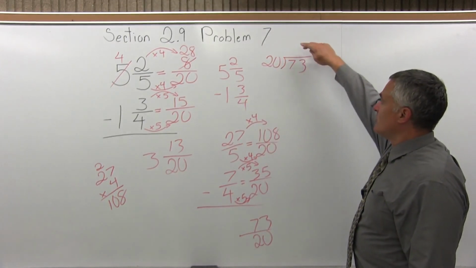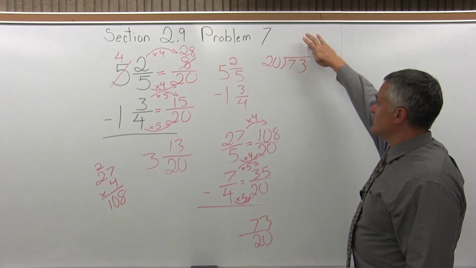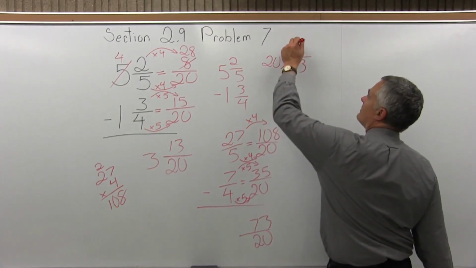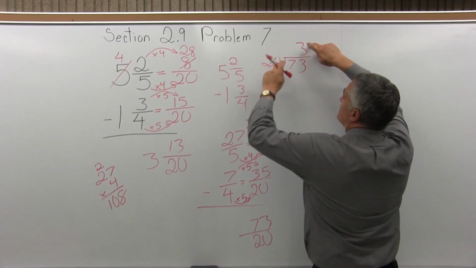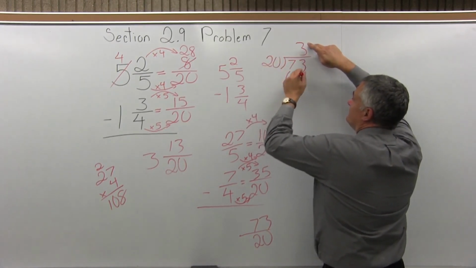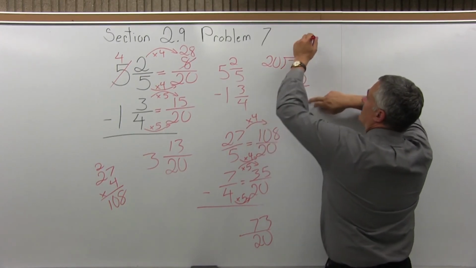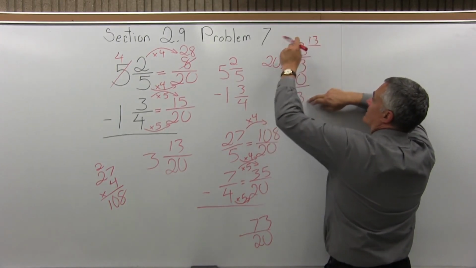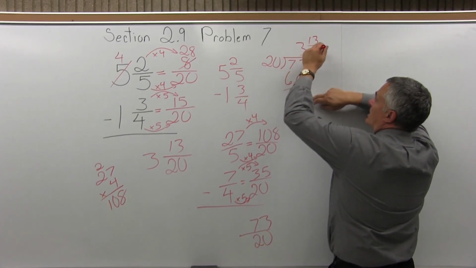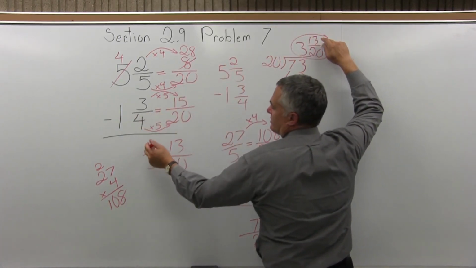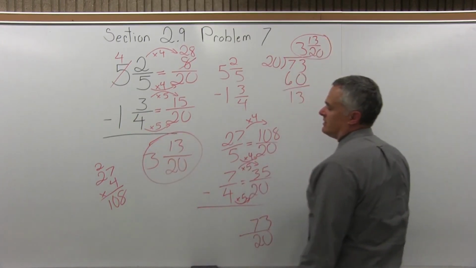Once is 20, twice is 40, 3 is 60, 4 is 80. 80 is too big, so 3 is as close as we're going to get. 3 times 20 is 60. 73 minus 60 is 13. So my remainder is the new numerator, and the number in front of the division is the denominator. 3 and 13 twentieths, same answer.